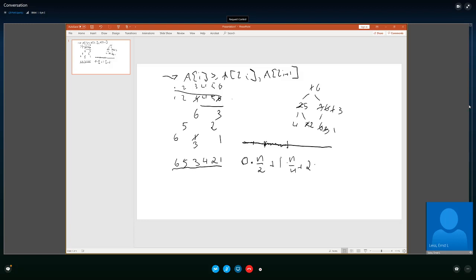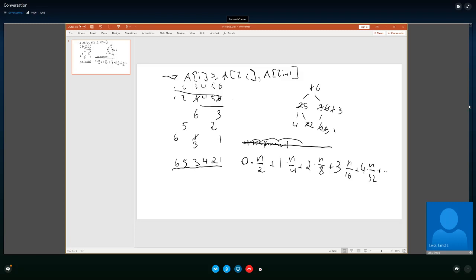We had that case, 6 and 1 and 1 and 3. So there were 2 flips, but this is n over 8. And then for the remainder, there is 3. This goes in here and there and there. So there may be 3 flips, but this is n over 16.